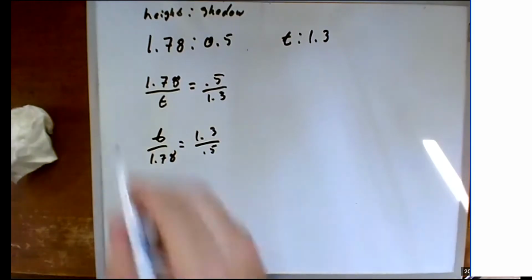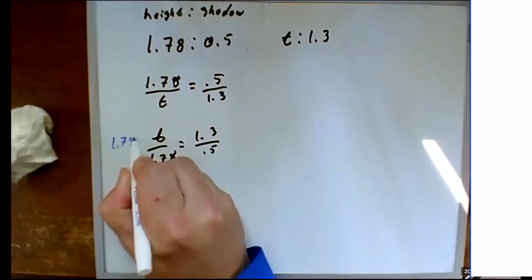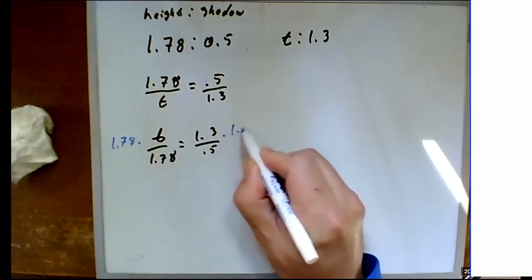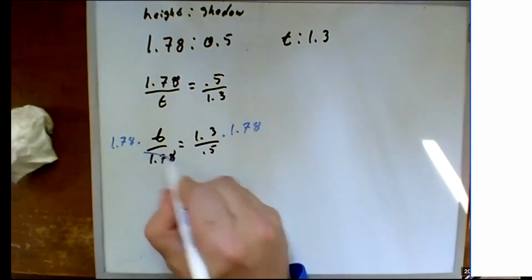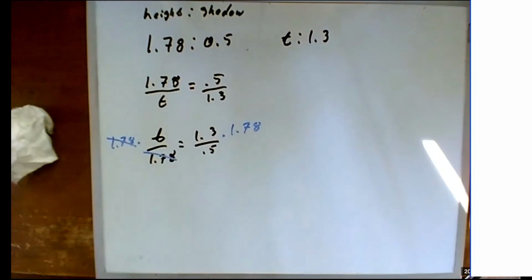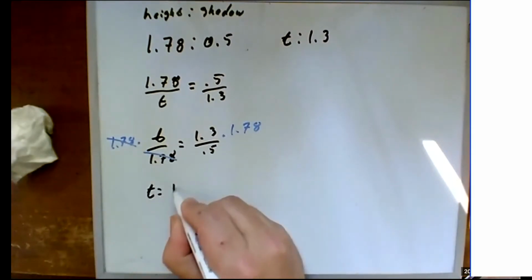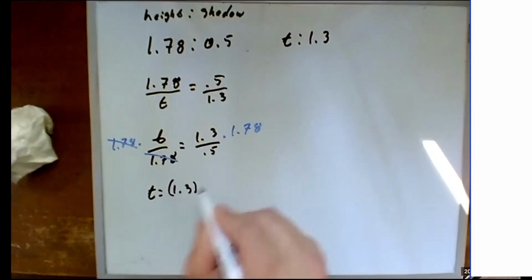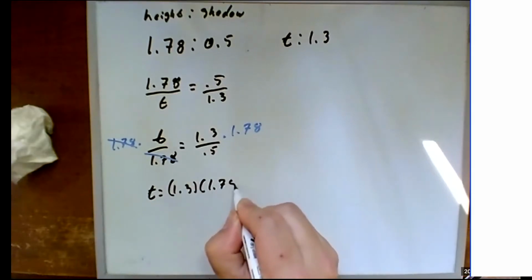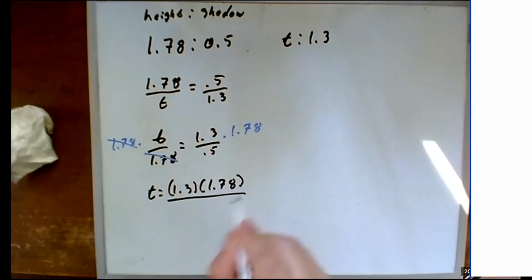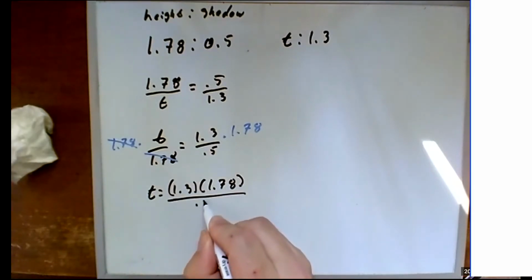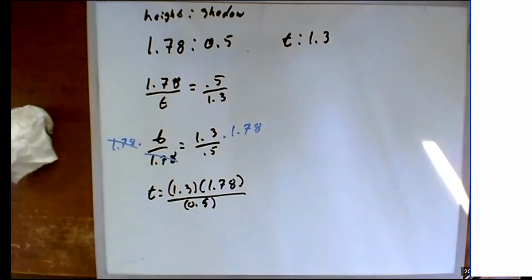I'll multiply by 1.78 on both sides. And this disappears over here. So then the height of my tree will be equal to 1.3 times 1.78, and the result of that needs to be divided by 0.5. That's work for a calculator, so you pull out your handy-dandy calculator.